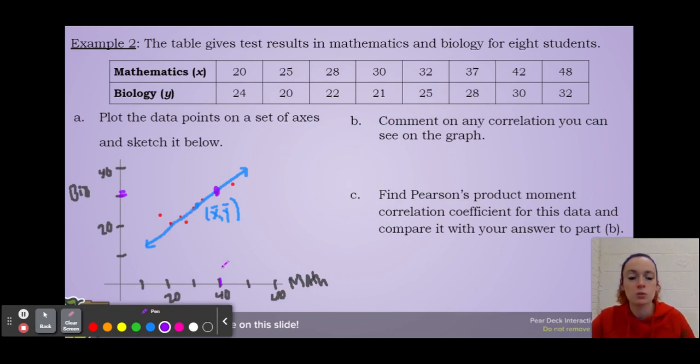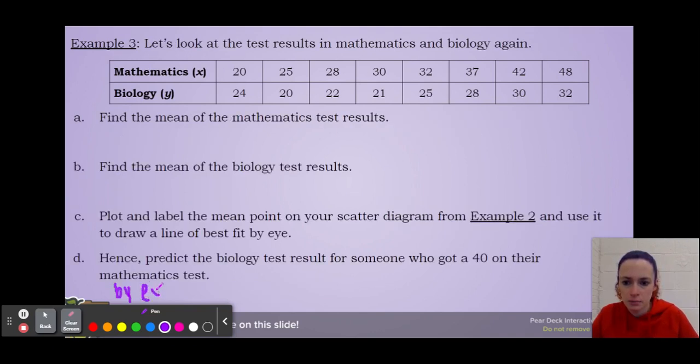If you choose to instead find the actual line of best fit using your graphing calculator, then you will get a more exact answer of 28.2. So by my eye line, I'm getting about, let's say, 31, somewhere around there.